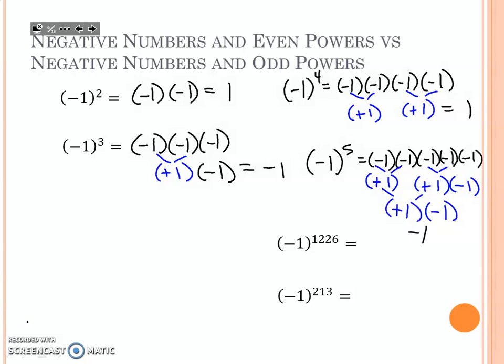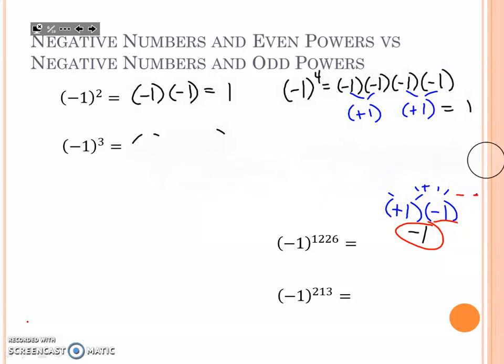So basically what you should see is when we've got even exponents, the negatives end up canceling each other. We end up with a positive number, right? Versus my odd ones, I've always got one guy that's left over that ends up turning it back to a negative. Okay? So that provides us with a rule here.